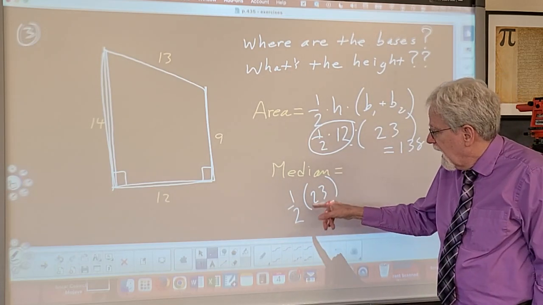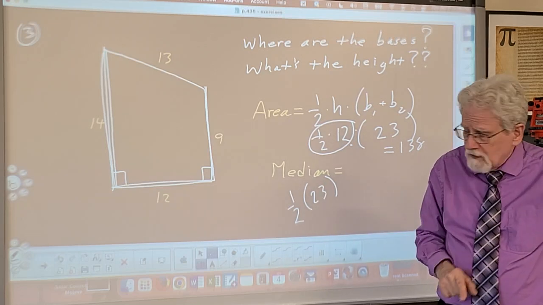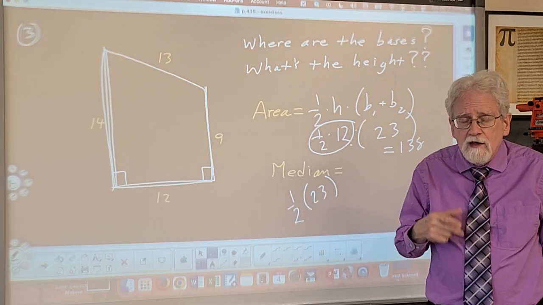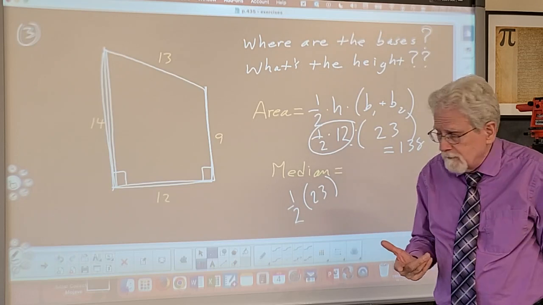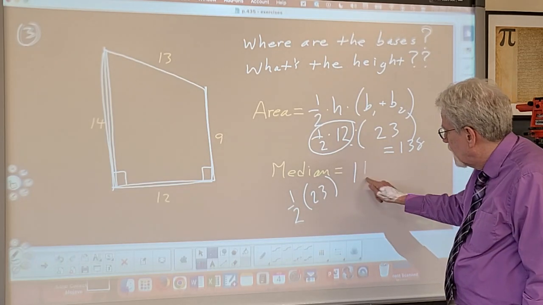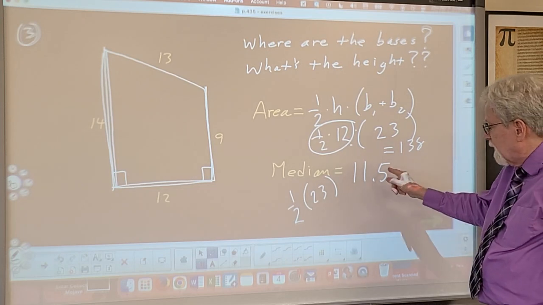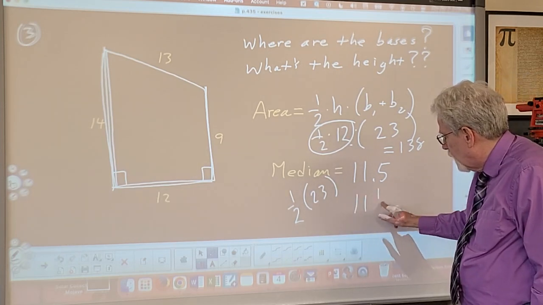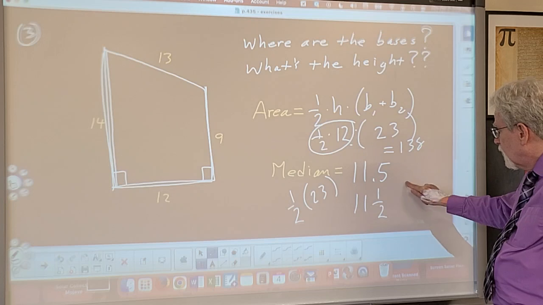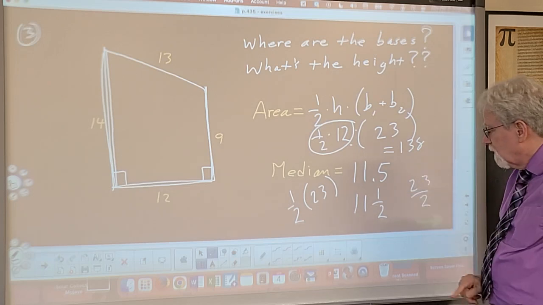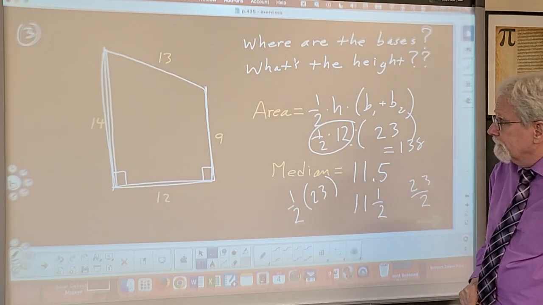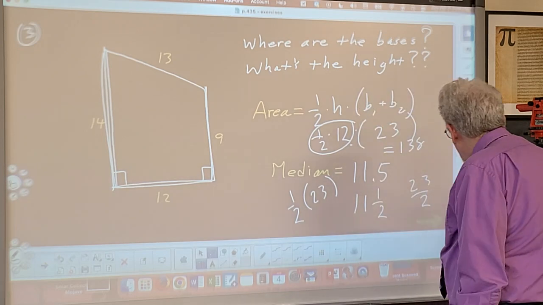So if half of 22 is 11, then half of 23 must be 11 and a half. Yep, median is 11 and a half. And I don't care whether you write 11.5 or 11 and 1/2, or you can even write 23 halves. They're all the same thing. Now we go to the written exercises.